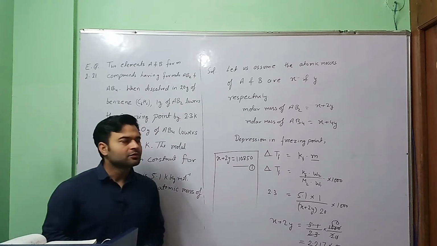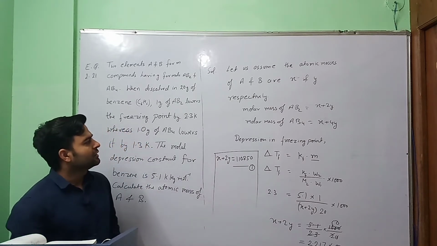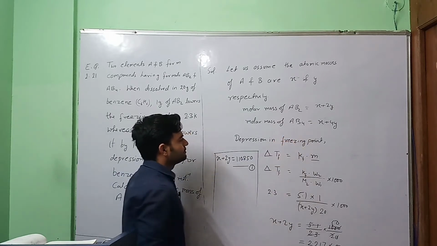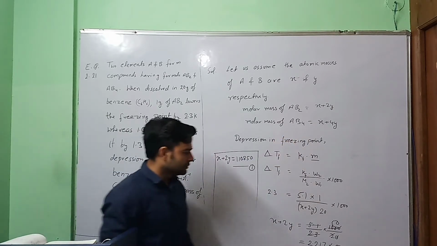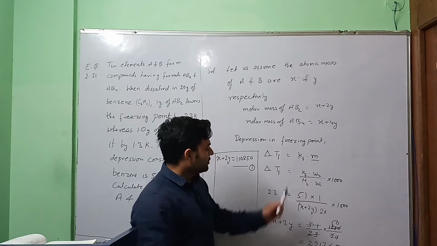Now we will solve for the second solute, that is AB4.